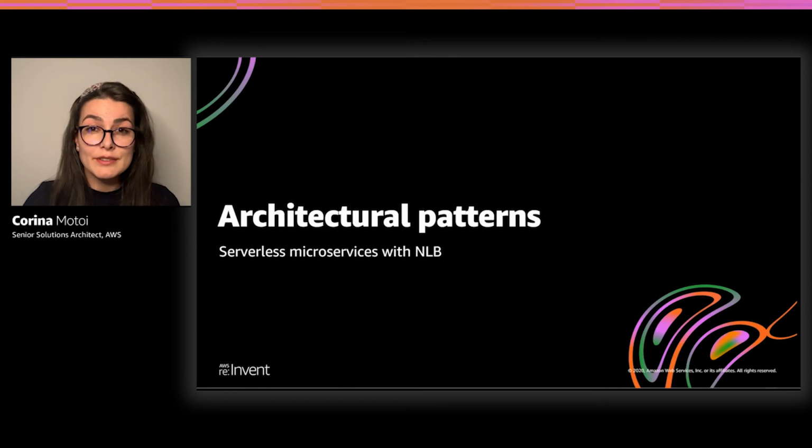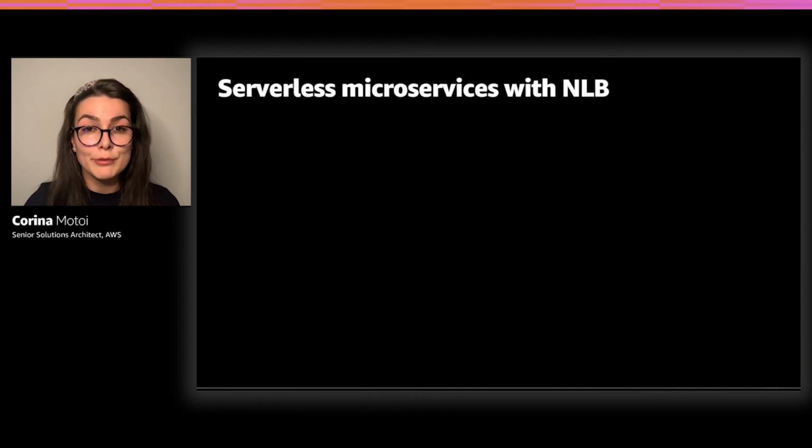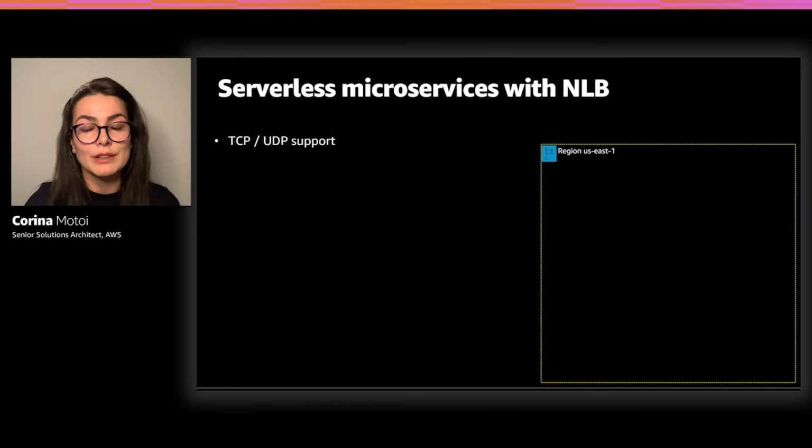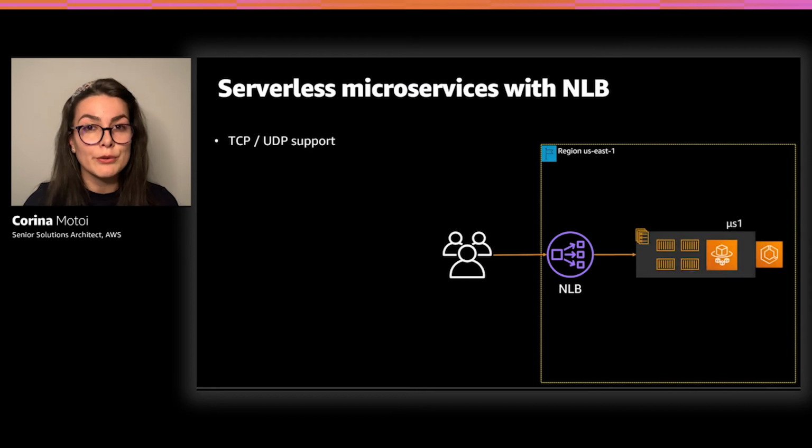There are also cases where the network load balancer is best suited when we're talking about microservices applications. As you know, it is best suited to load balance TCP and UDP requests. So you have your network load balancer, and then you have microservices deployed behind it.